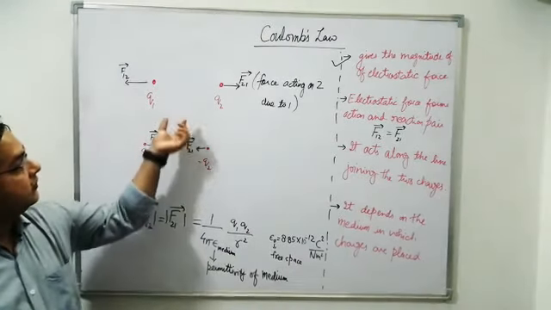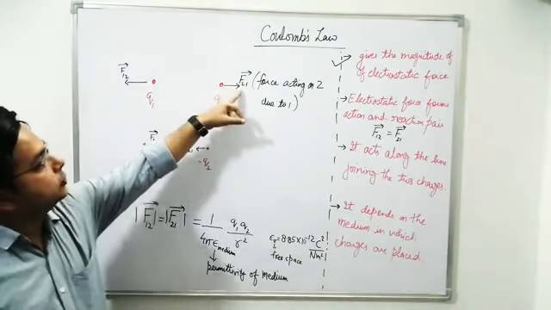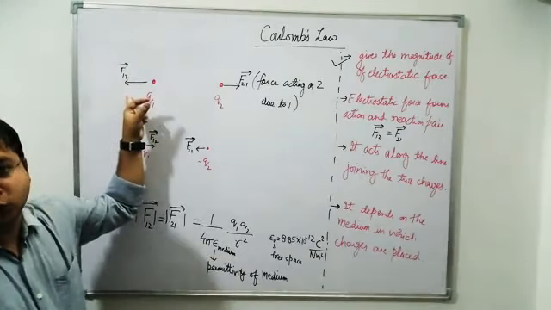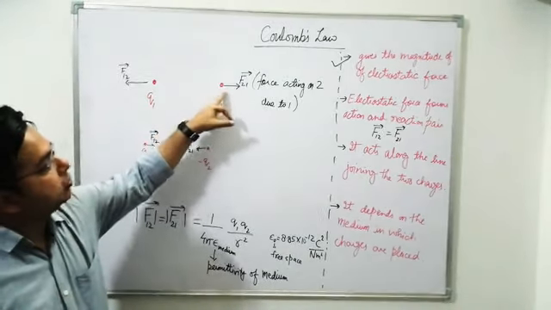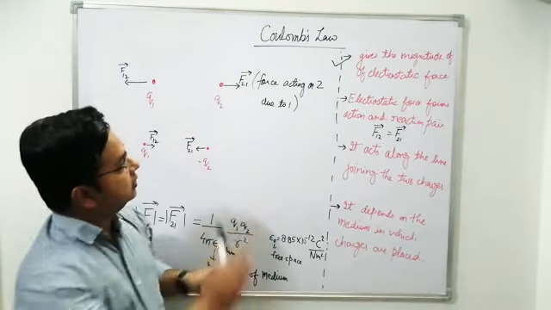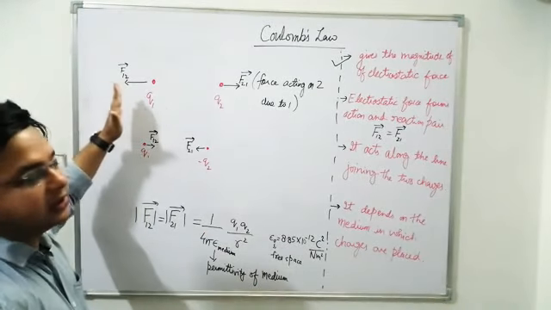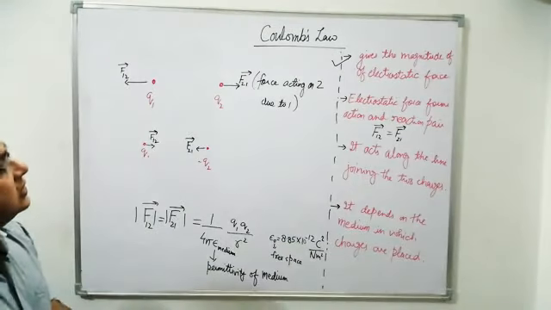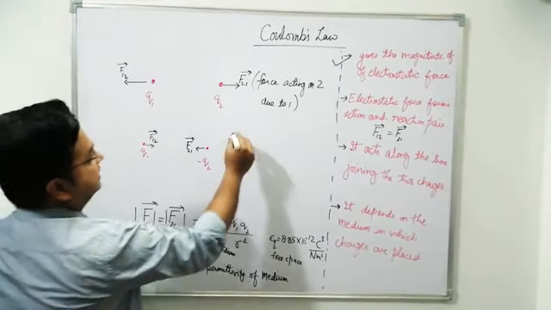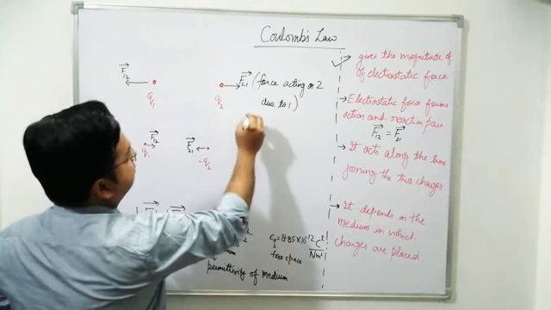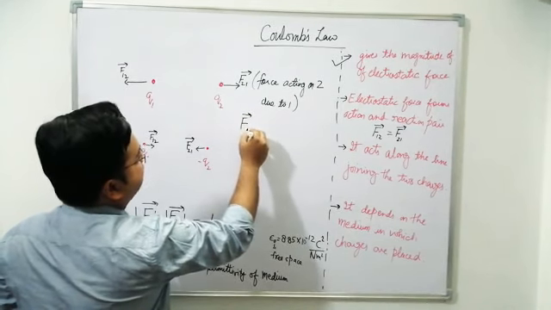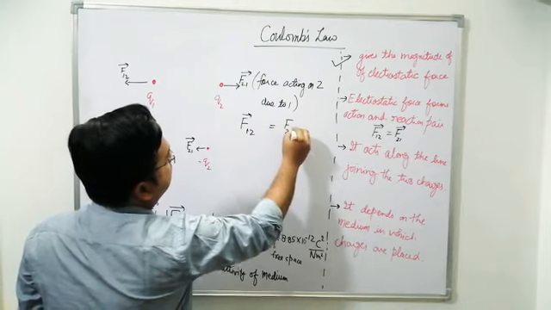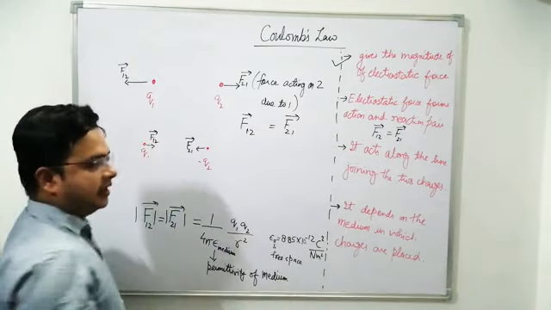In a similar way, the electrostatic forces F21 and F12 act in opposite directions. This is towards right, this is towards left, and the magnitude of both forces is also the same. So you can write F12 is equal to F21.